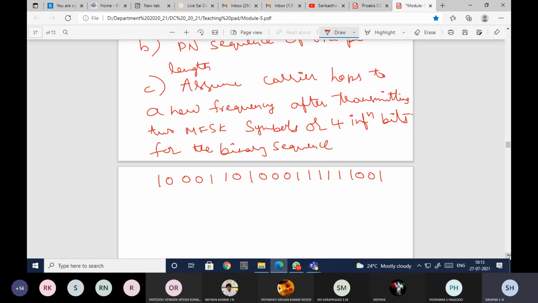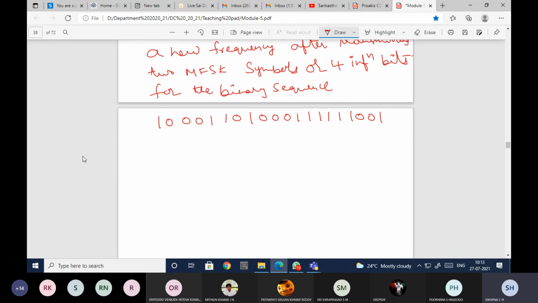Next, fourth one, here only this is what he has given: sketch hopping frequency versus time. This was the first problem.